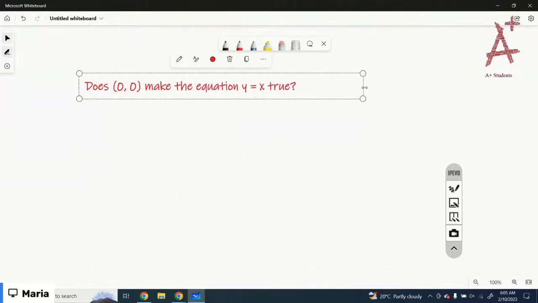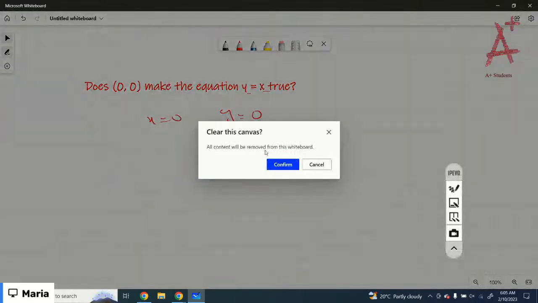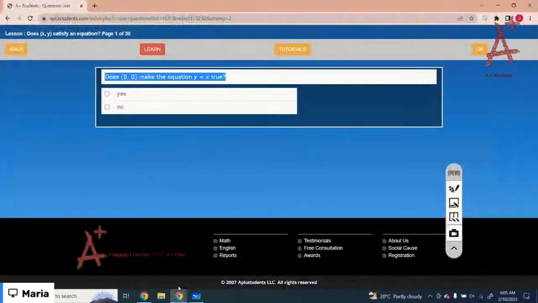That means in the ordered pair (0, 0), you have x equals 0 and you have y equals 0. Just put in the values in y equals x. y is 0, x is 0. 0 equals 0. Yes, that means (0, 0) makes the equation true. Got it? Let me just move on to the next question. The answer is yes.